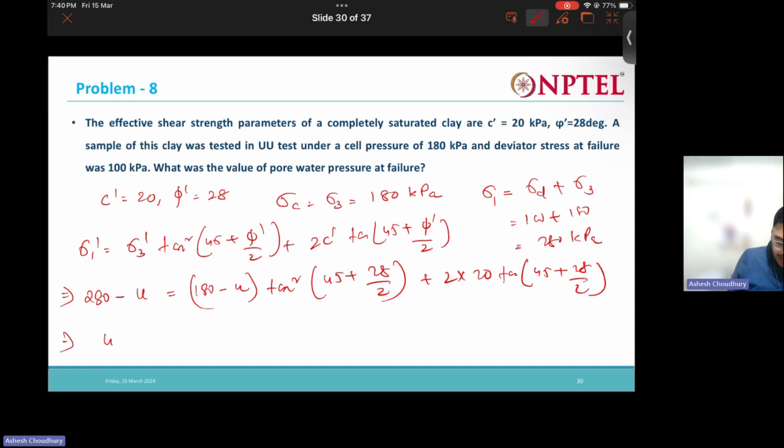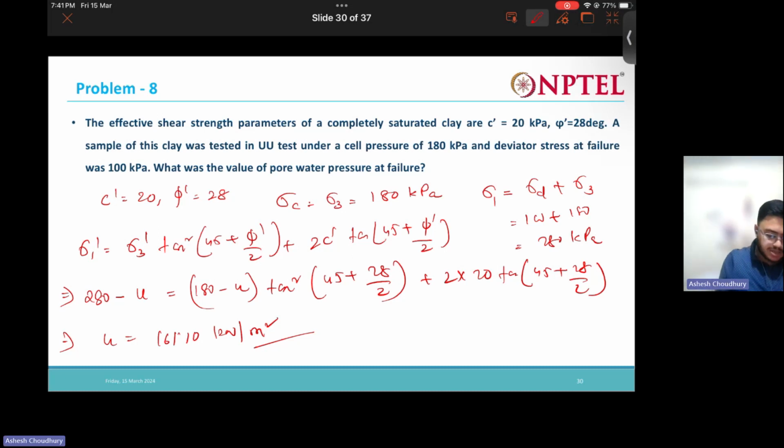If you solve this, you will get u. It is simple. All the values you know, you put in the correct equation, in the correct form, you will get the answer. Right? Just straightforward, very simple. Nothing much to do.